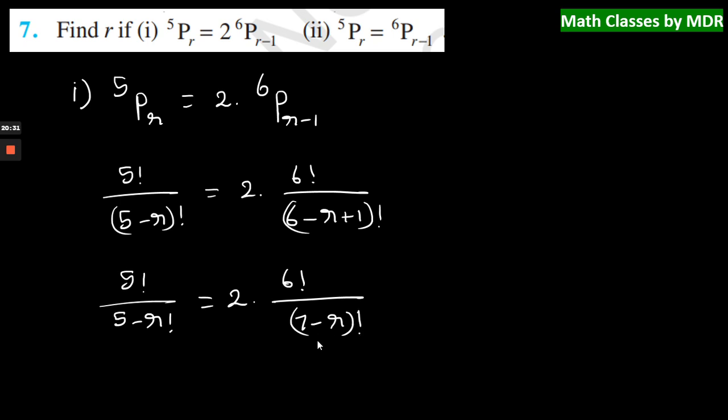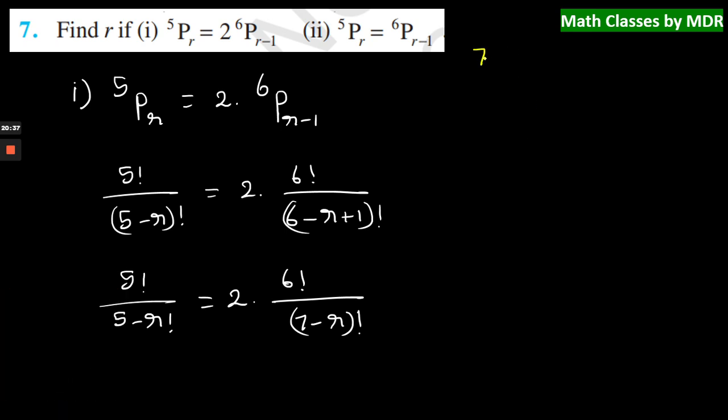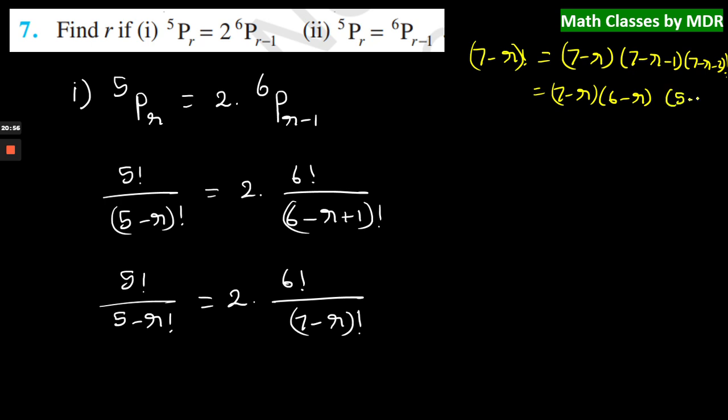Right? So this (7 minus r) factorial, can we write it as (7 minus r) into (7 minus r minus 1) into (7 minus r minus 2) factorial? That is what we have seen in the previous videos. So (7 minus r) into (6 minus r) into (5 minus r) factorial.